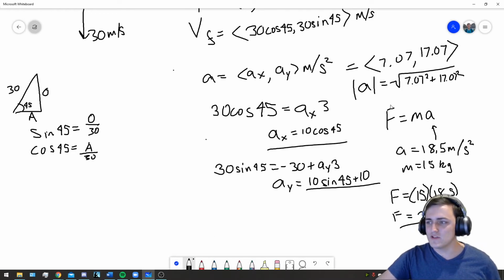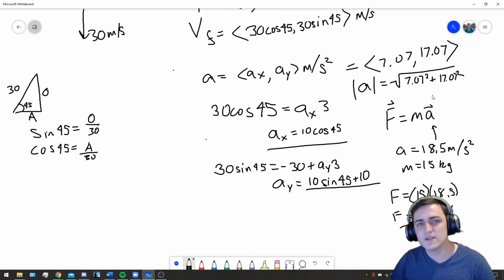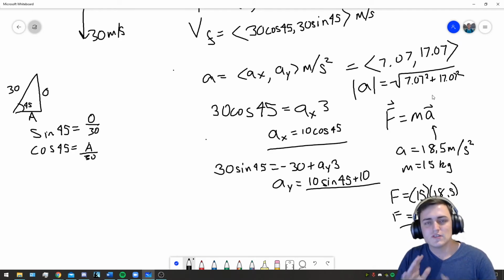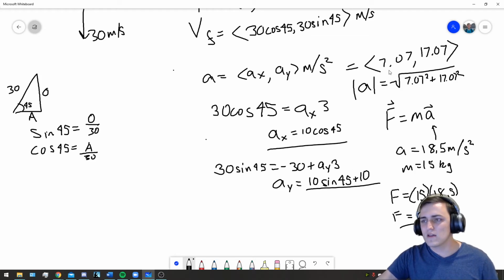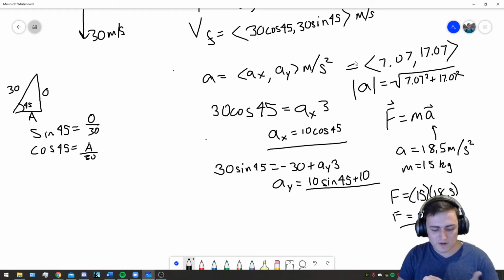When we look at this equation, we can write it with vector notation on top, where in reality, force and acceleration always point in the same direction. They're just different magnitudes. Multiplying by m, a scalar, just changes the magnitude of a to become this new vector F. And so if we find the direction that a points in, we've found the direction of the force.